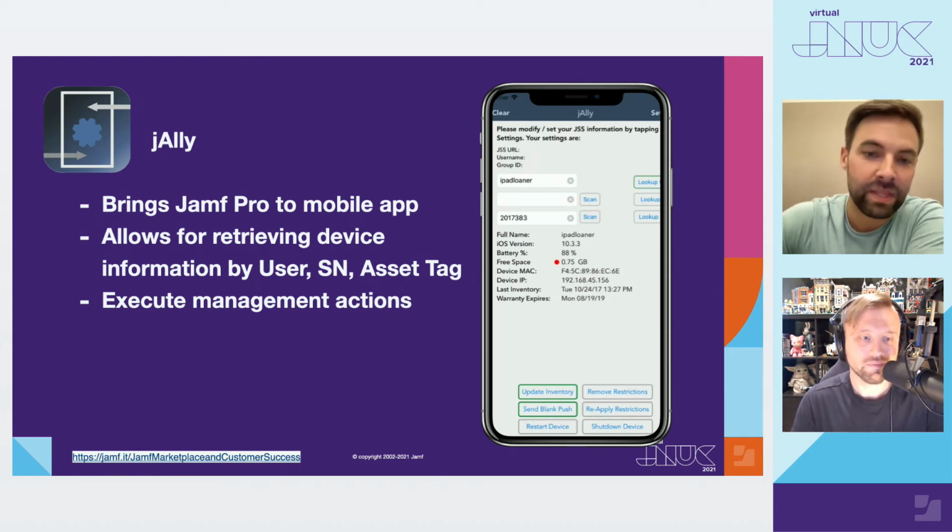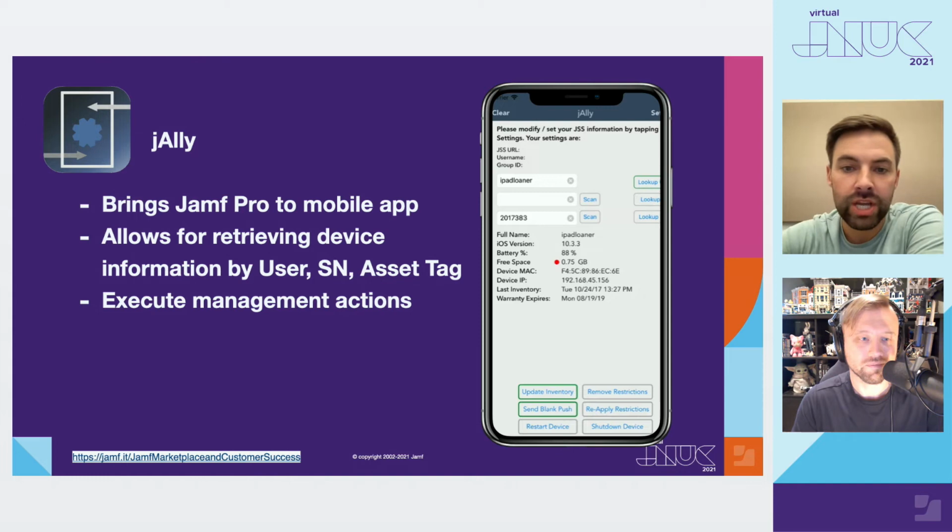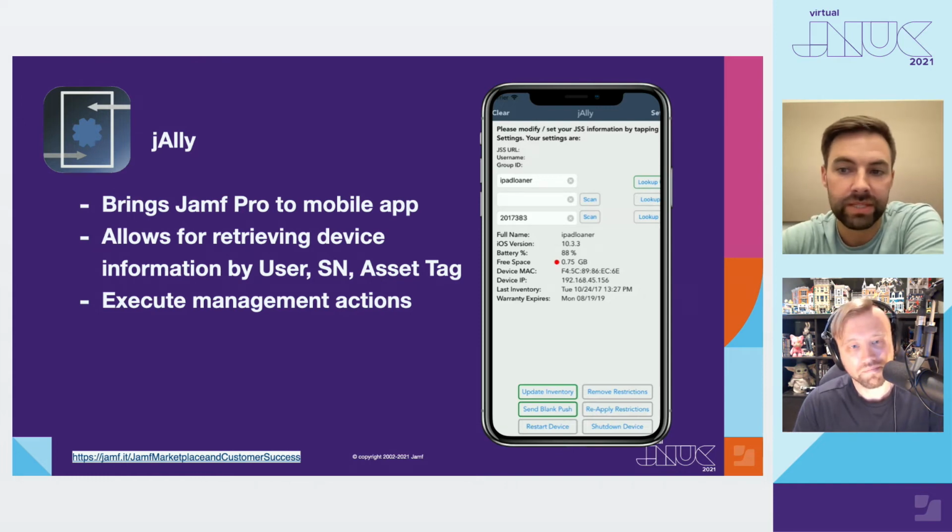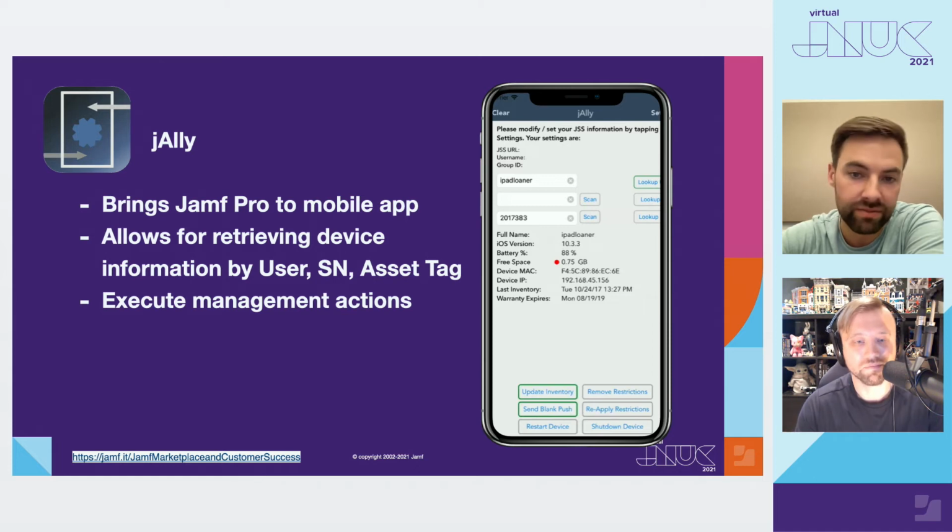Thanks, Corey. So JAlly is a tool that allows you to easily view and manage some of the basic information about iOS devices in your Jamf Pro installation. This can be performed with a few taps without requiring opening a web browser to access your installation.